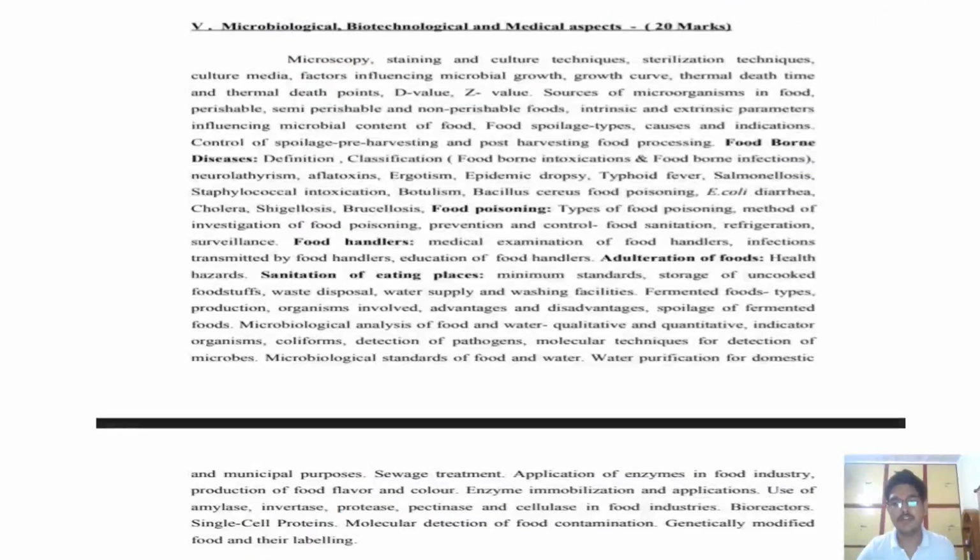Now the fifth portion, which is the most vast portion of your syllabus, is the microbiological, biotechnological and medical aspects. This portion starts with the fundamentals of microbiology or food microbiology, which include microscopy, staining, gram staining and other types of staining.